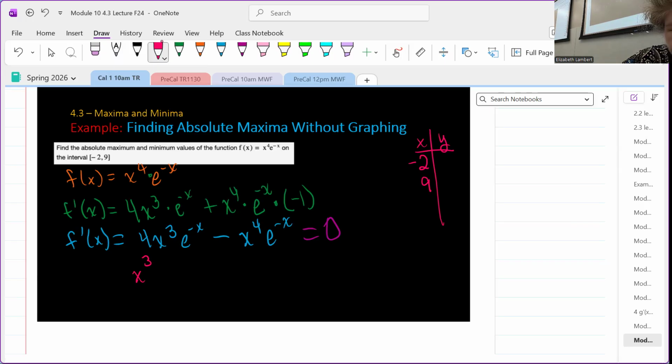I've got an x to the third and an e to the negative x in both of those terms. Now I'm going to write my leftovers, which leaves me with just a 4 minus an x. So if I remultiply 4x to the third e to the negative x, yep, minus, then it'd be x to the fourth e to the negative x.